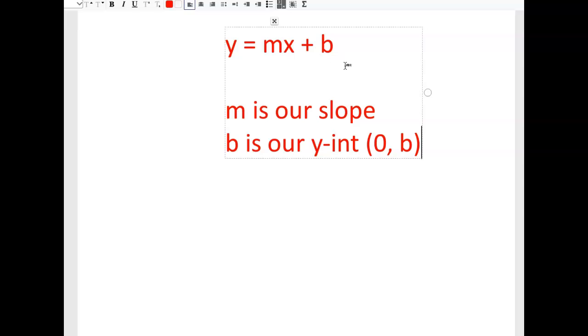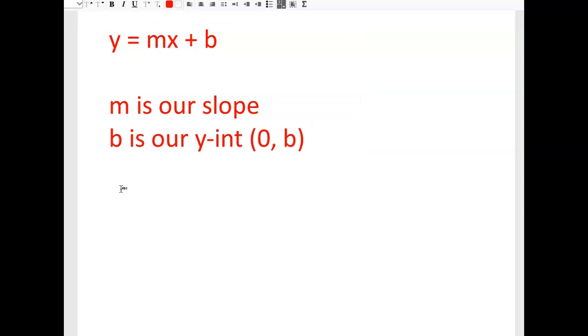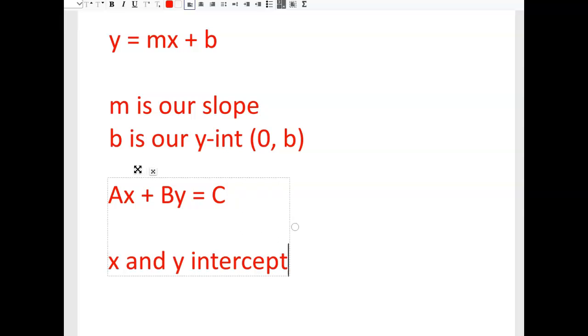So again, we are looking to put our equations in y equals mx plus b. If the equation is given to you in standard form, so standard form is ax plus by equals c, then you can leave it in standard form. But now, instead of looking for our slope, we are going to look for our x and y intercepts so that we can graph where it crosses the axes.